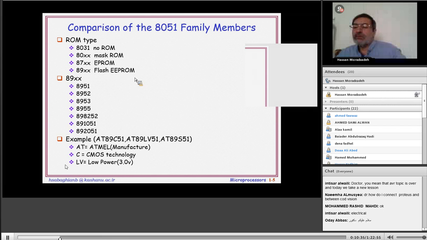Okay, what were EEPROM and E2PROM? What's the difference between RAM, EEPROM and E2PROM?